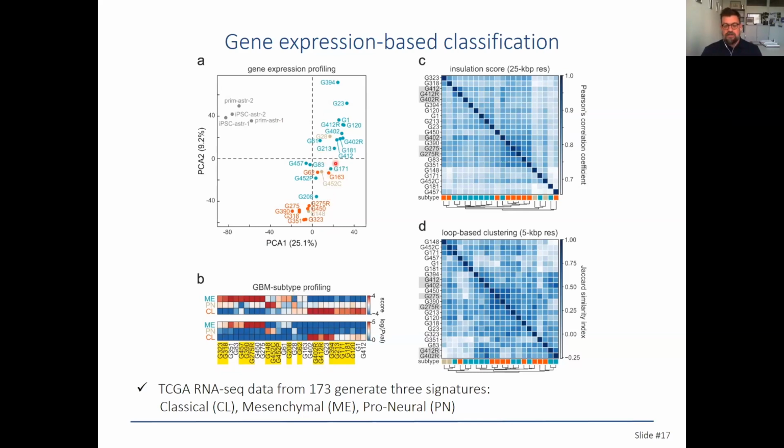After you do that, we can actually classify 22 out of the 28, not all of them. You can ask whether high resolution features of your Hi-C can explain the transcriptional subtypes. And to our surprise, that didn't work very well.